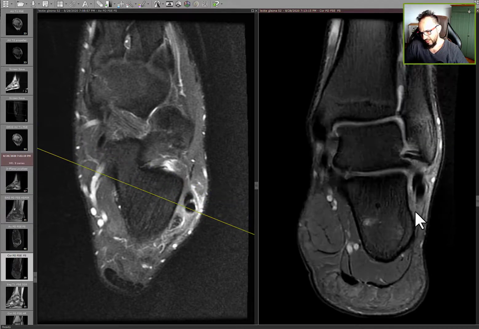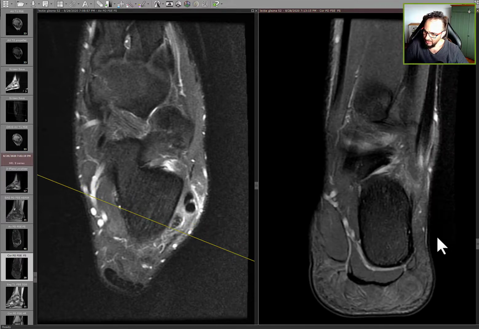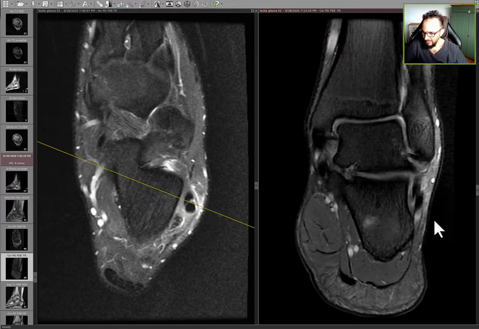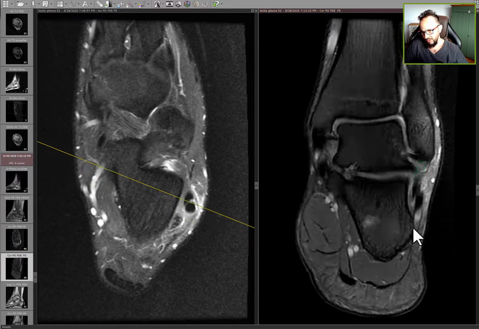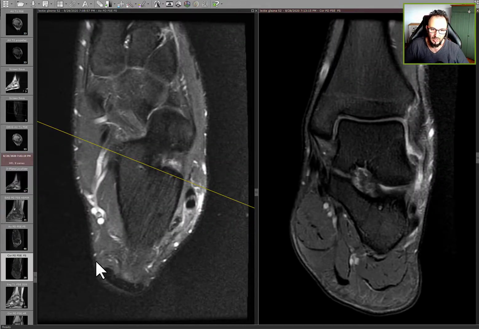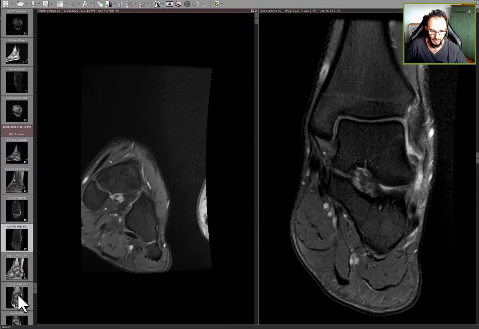So this is the calcanean part, okay, here, and it's completely discontinuous here. And then let's see the proximal part, which is probably here, okay, but it's not continuous with the distal part whatsoever. So complete tear of ATFL and fibulo-calcanean ligament, one old, one new.